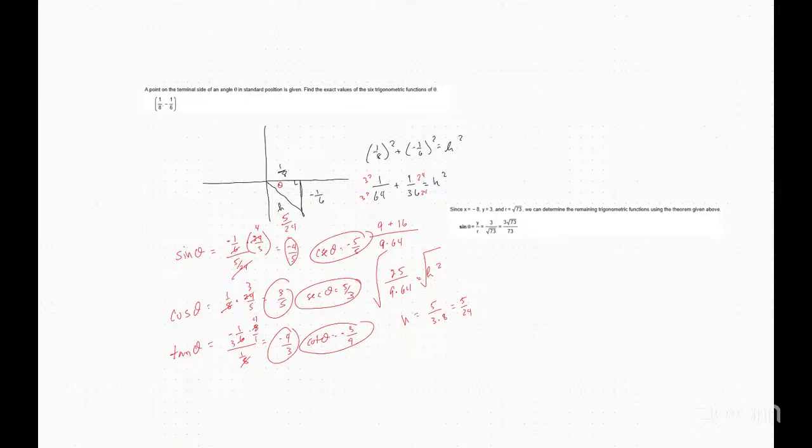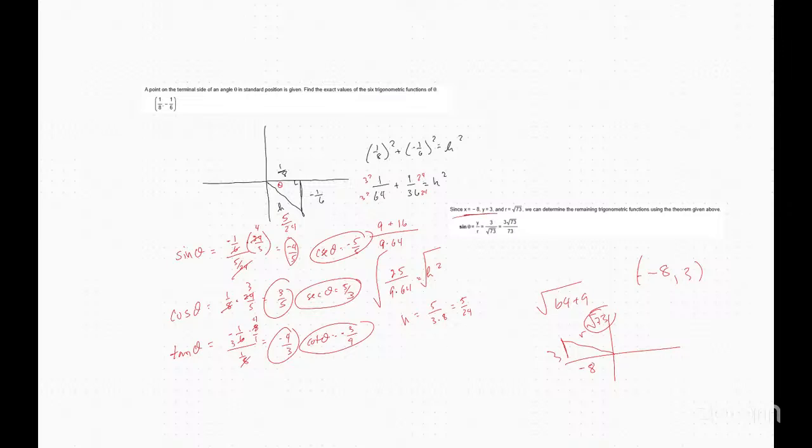They're giving you a point where it was -8 comma 3. So they're doing it like it was this -8, 3 right here. And so this radius right here, the H, would be the square root of 64 plus 9, which is the square root of 73. That's what they must have been looking at, the wrong problem, because this isn't even in the same quadrant as this.